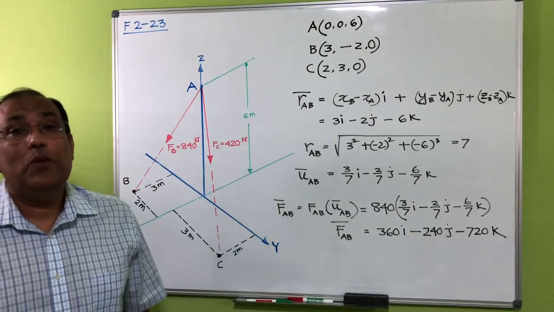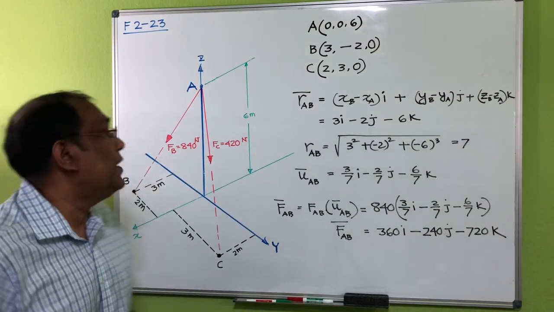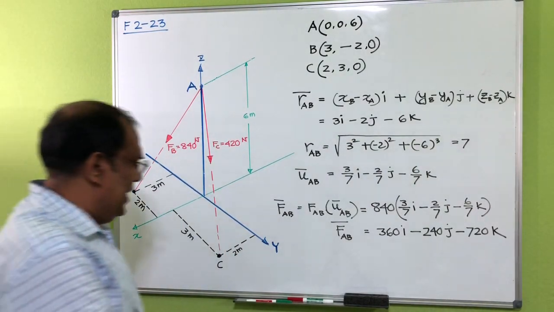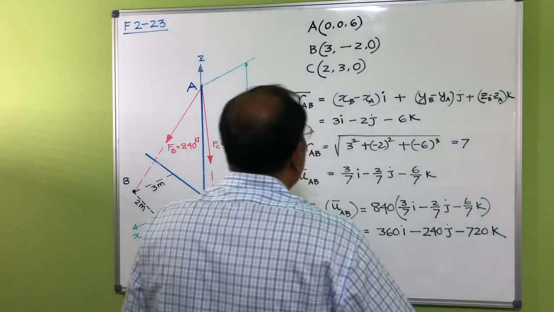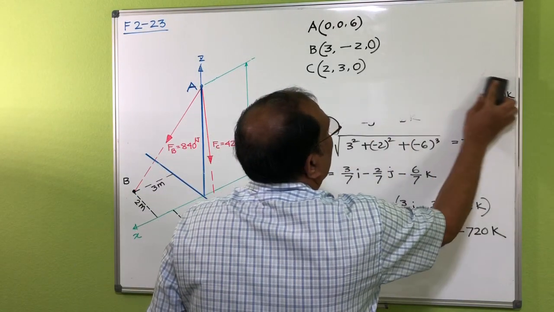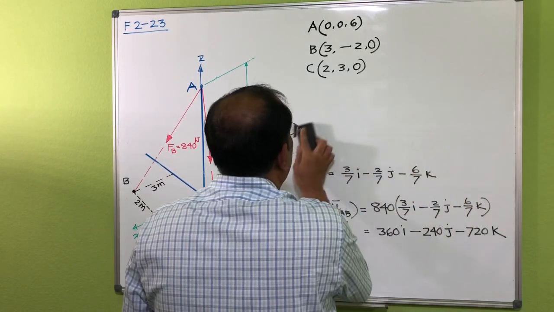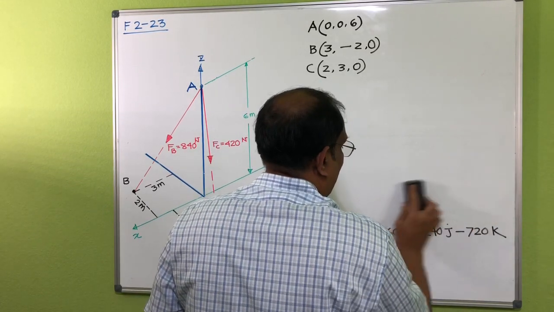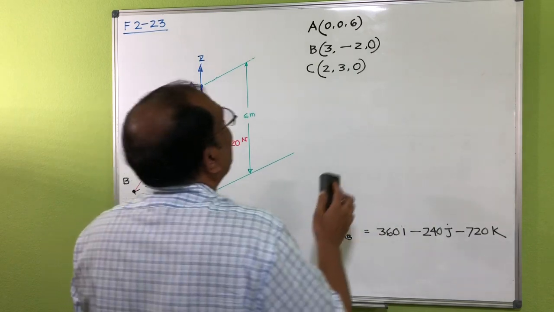Now we have to find the force vector from A to C. I'm going to delete that one and keep this one here.